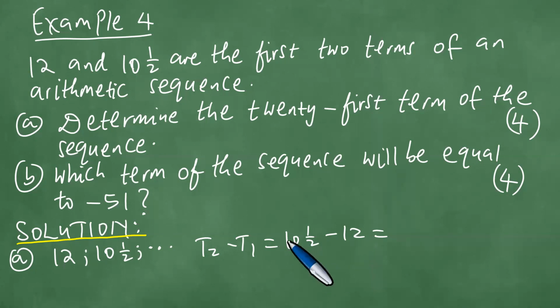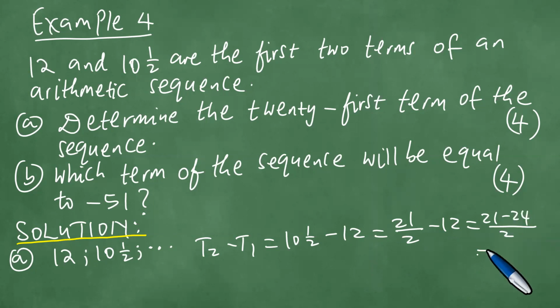10 and 1/2, we can see this as 10 times 2, 20 plus 1, 21 over 2, minus 12. 21 minus 24 is what we get, which is -3.